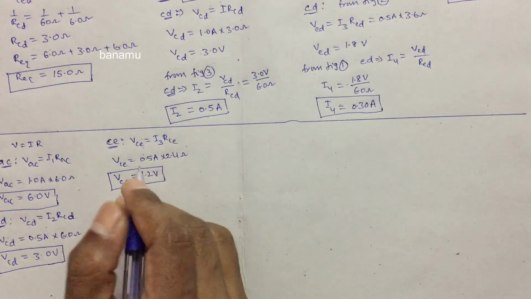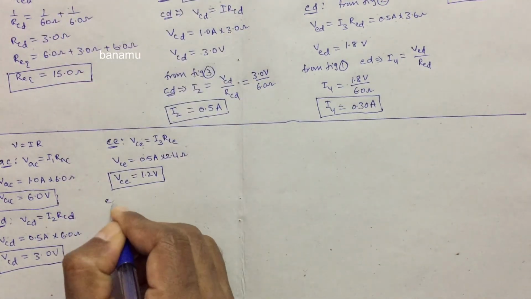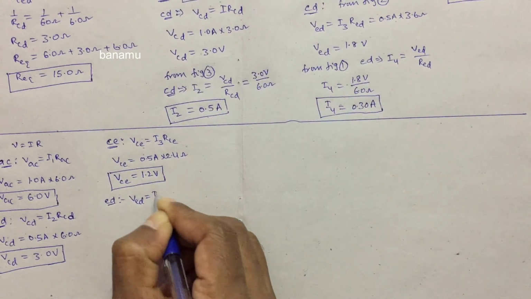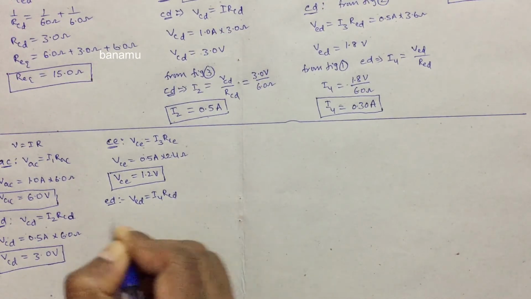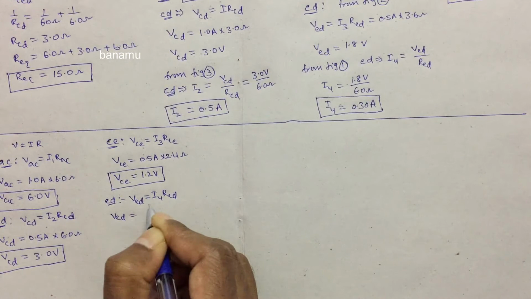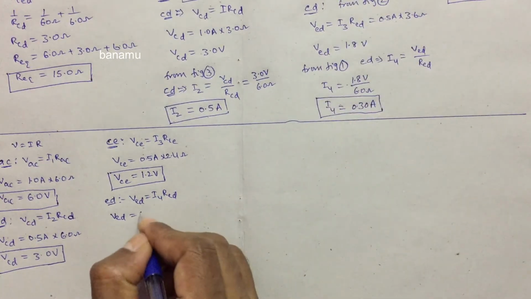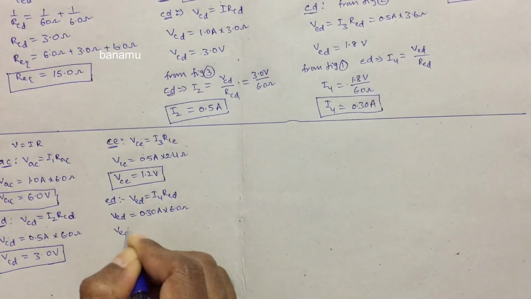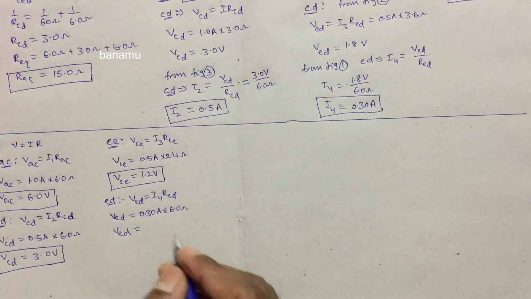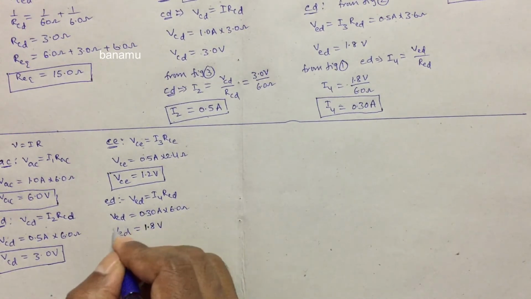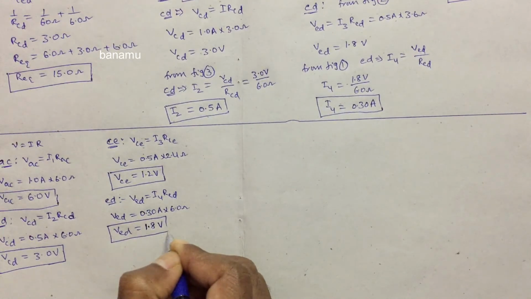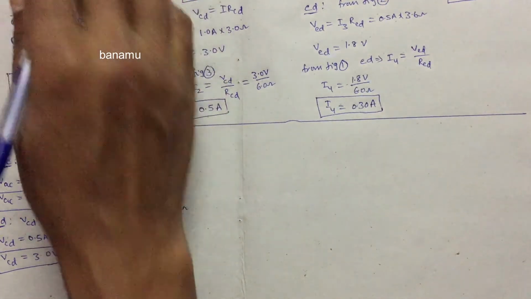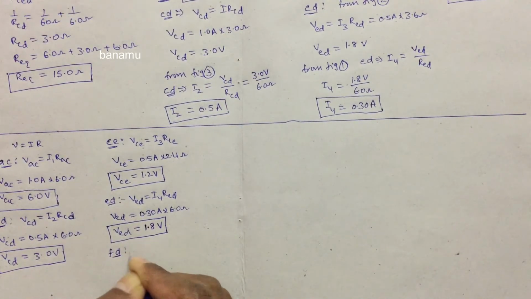And the potential difference between the points ED: VED is equal to I4 into RED. So VED is equal to the value of I4, 0.3 amperes, into 6 ohms. So VED is equal to 1.8 volts. This is the potential difference between ED. And the potential difference between FD is VFD.